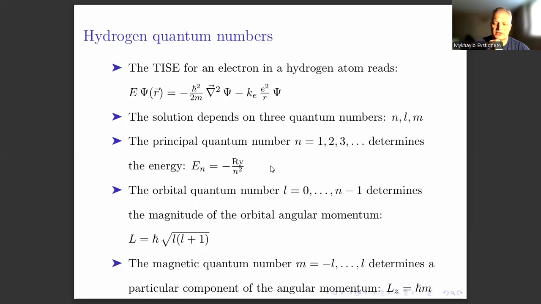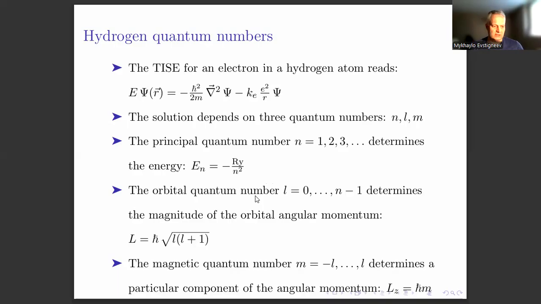Notice that Planck's constant, which is measured in joule seconds in SI units, has also the units of angular momentum, because joule second can be expressed as kilogram meter squared per second.